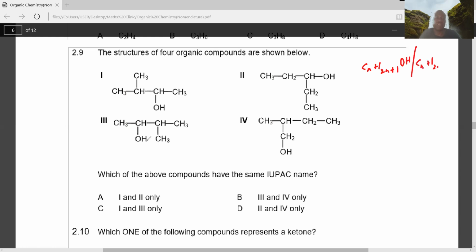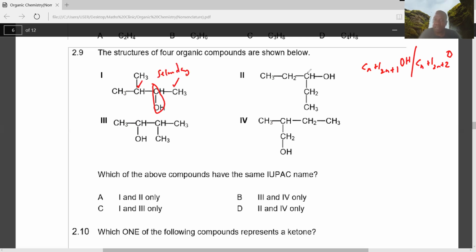Okay, first of all, let's look at this. This is an alcohol with the OH. And what kind of alcohol is this? Let's look at the carbon that is bonded to the hydroxyl. It's bonded to 2 carbons, 1, 2. So this is a secondary alcohol. Let's come to this.